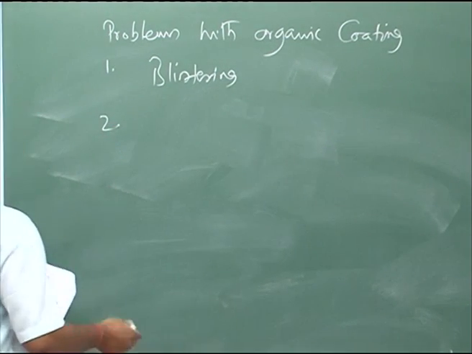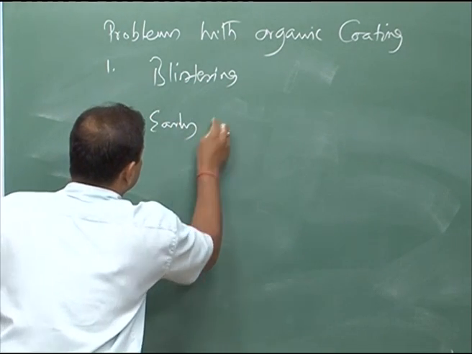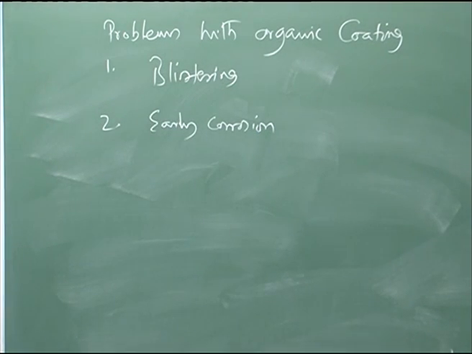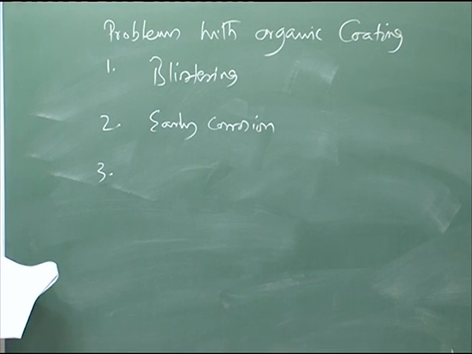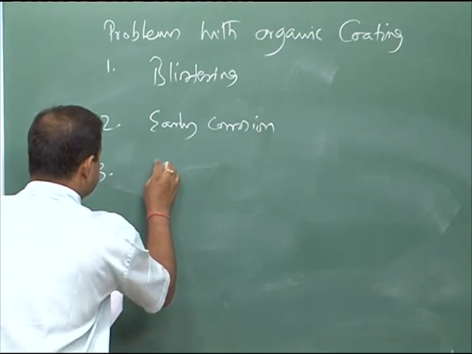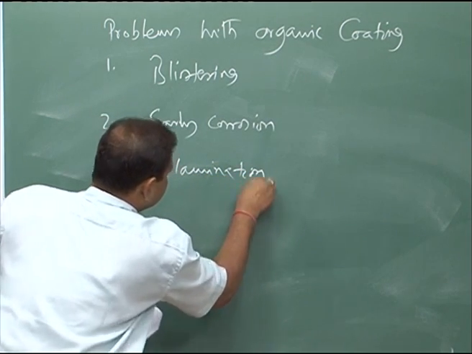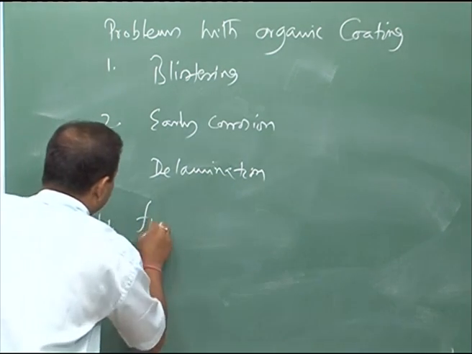There could be early corrosion before the paint gets dried, or there could be a problem of delamination during exposure of that coated surface to the corrosive media, or there could be filiform corrosion.